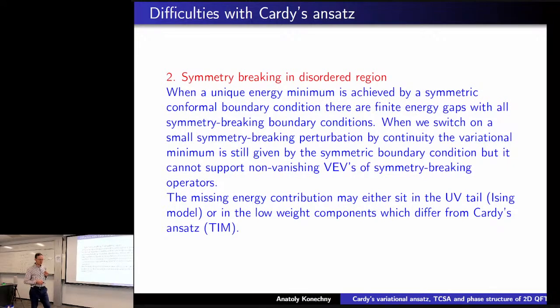When I'm in the disordered region, the winning boundary condition is the one described by the symmetry preserving boundary condition. The ones built on the symmetry breaking boundary conditions will have some kind of finite gap above that energy.